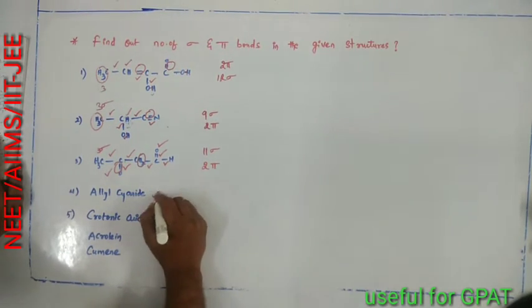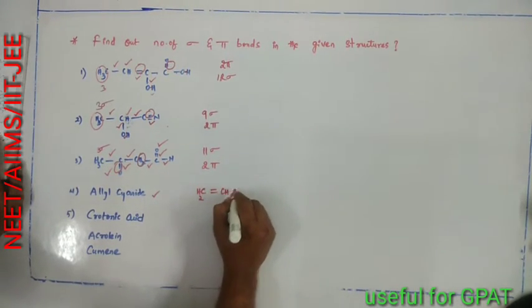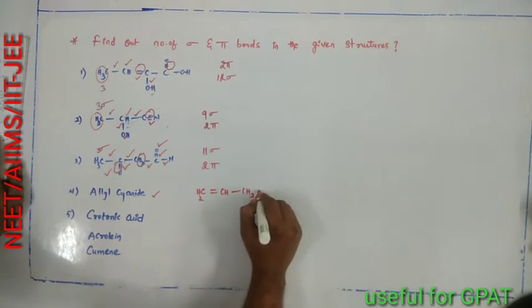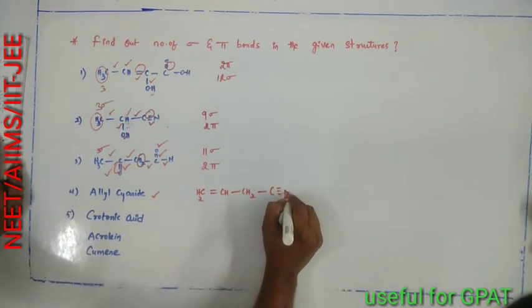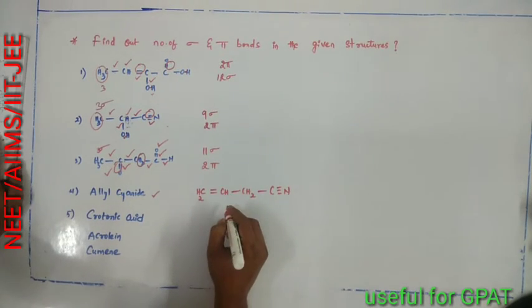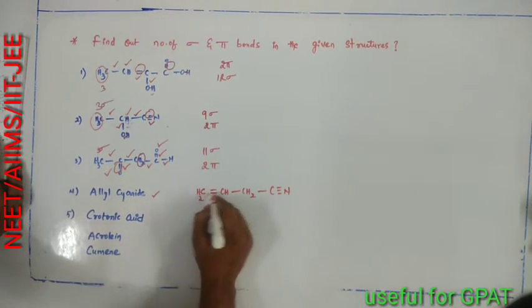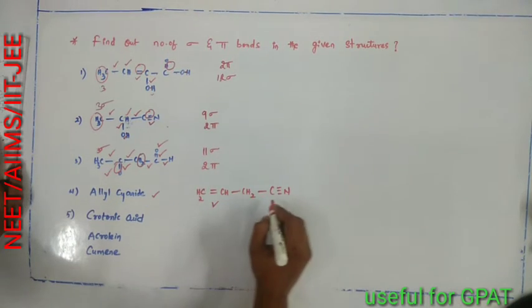Allyl cyanide: the structure is CH2 double bond CH CH2 and C triple bond N. This is known as allyl cyanide. In this you can find the number of sigma and pi bonds. Between carbon and carbon, 1 pi bond is present.